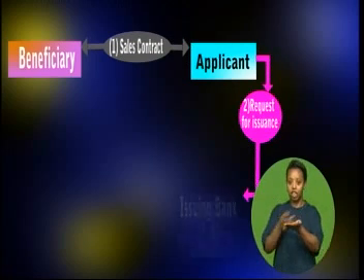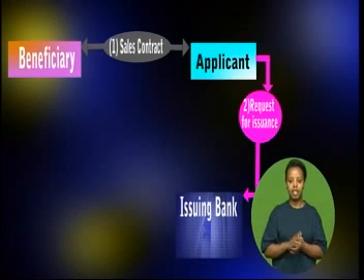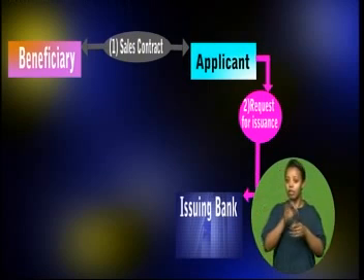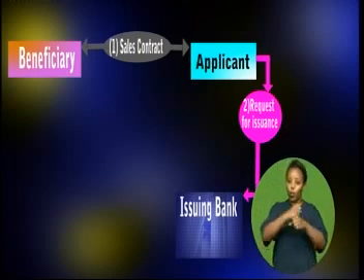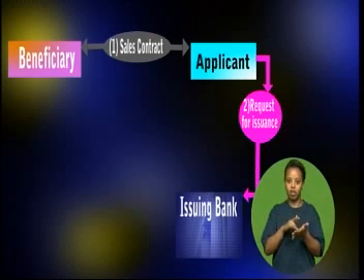Application and agreement is the other component. The bank's letter of credit application and agreement forms, when executed, constitute a payment and reimbursement contract between the issuing bank and its customer.